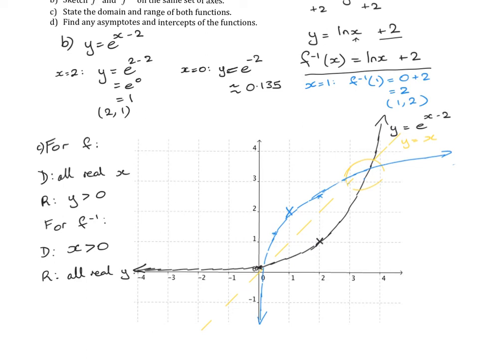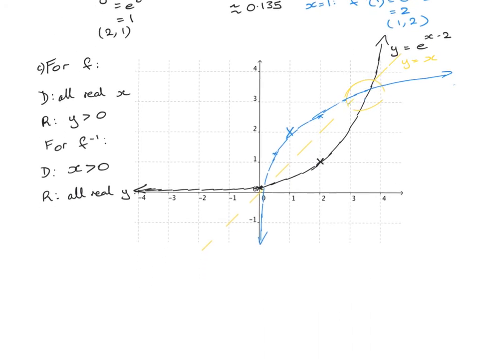Find any asymptotes and intercepts of the functions. Okay, so for y equals the original function, so for y equals e to the x minus 2, the intercepts, basically we found before, the y-intercept is y equals 0.135.